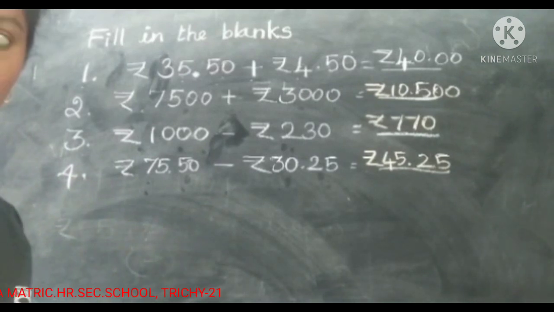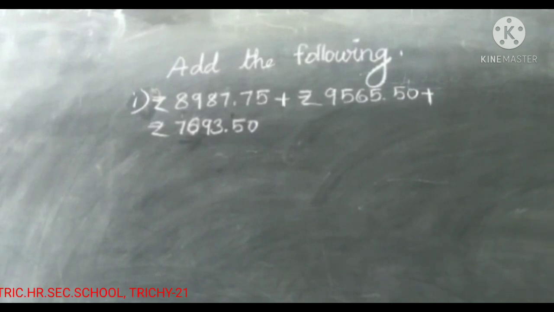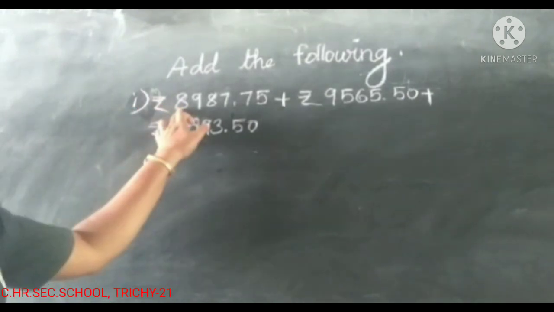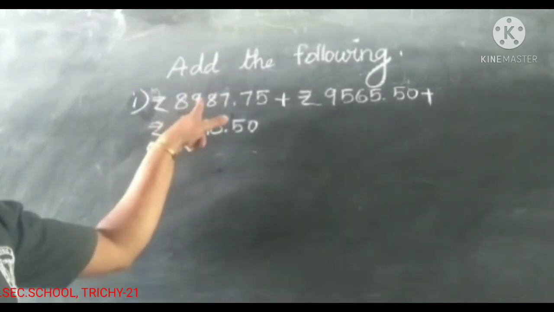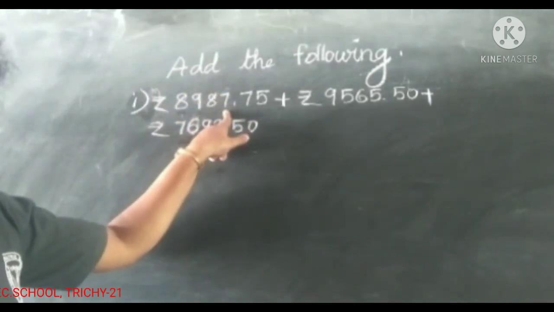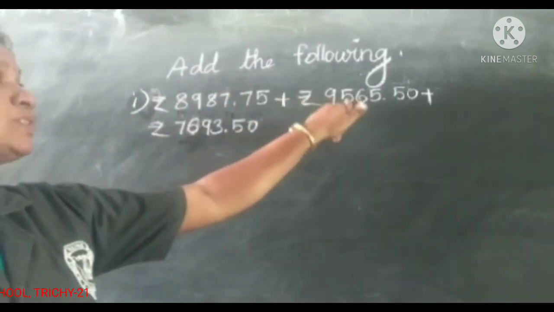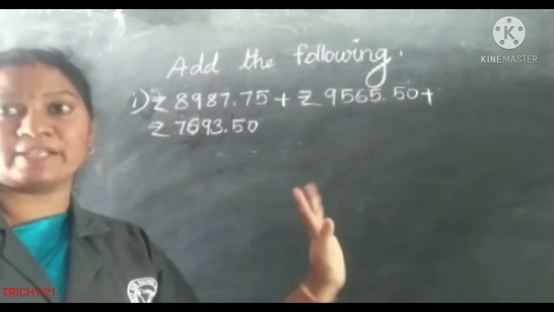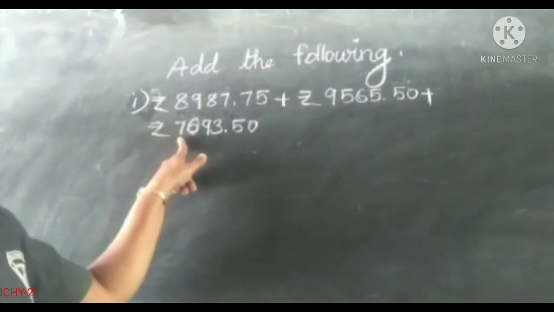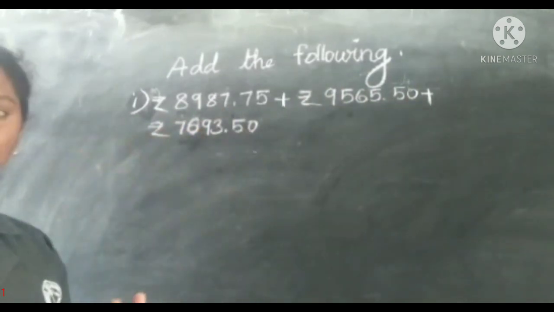Okay, next one, add the following. 8,987 rupees and 75 paise plus 9,565 rupees and 50 paise plus 7,693 rupees and 50 paise.